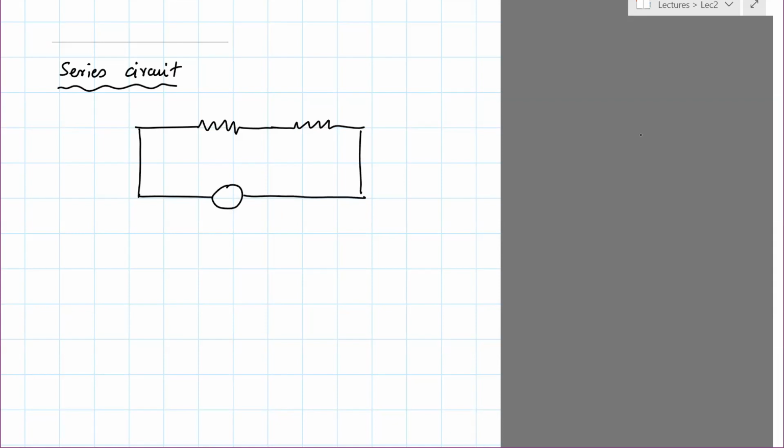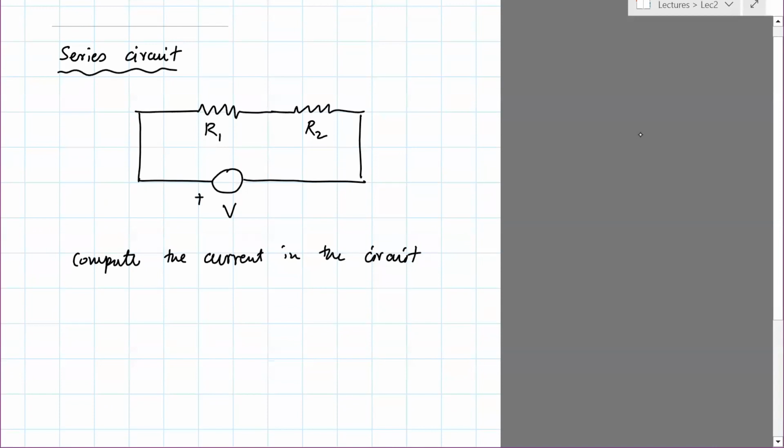Okay, so here are two resistors connected to a voltage source. Let's call that V. And our goal is to, say, compute the current in the circuit. So let's just redraw that.